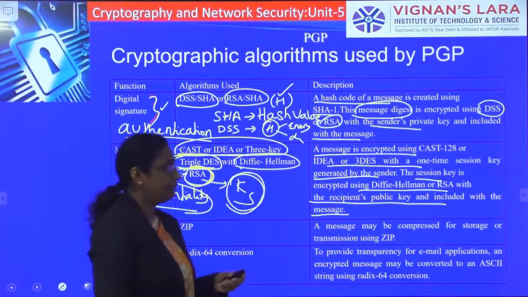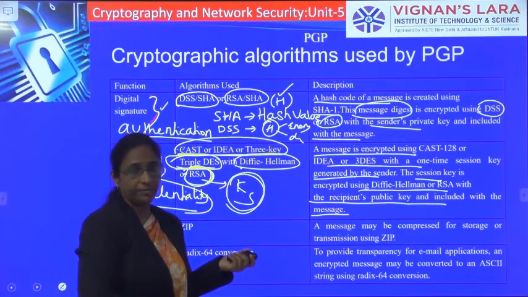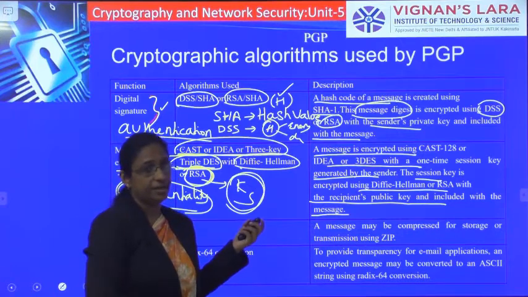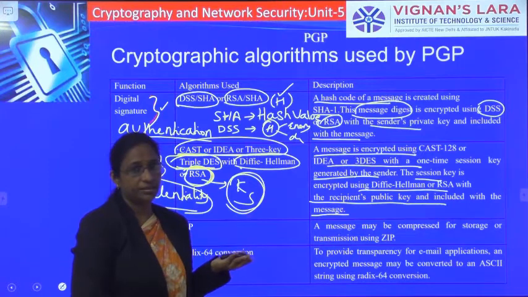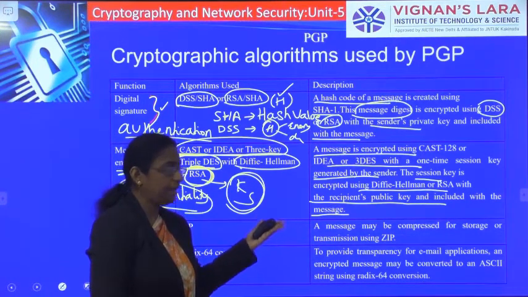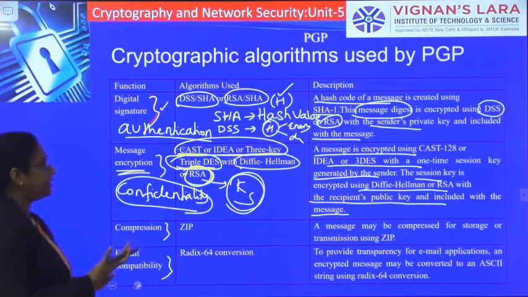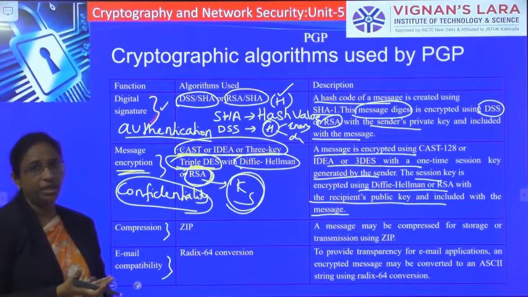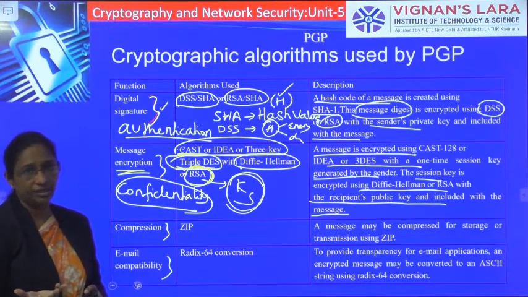You can use the RSA algorithm where the session key is encrypted with the recipient's public key and included with the message. That is, after encrypting the session key, it and the message are attached and then sent to the receiver.